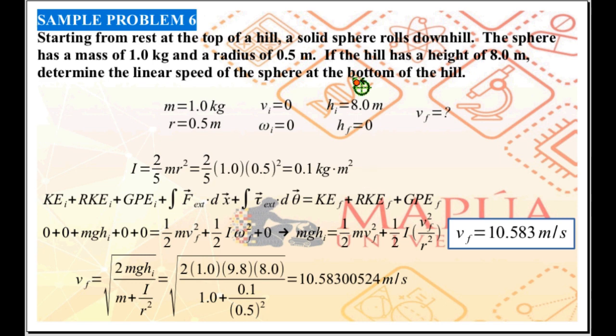Using energy analysis to analyze and solve this problem, we have initial kinetic energy plus initial rotational kinetic energy plus initial gravitational potential energy plus work done by external force plus work done by external torque, if any, is equal to final kinetic energy plus final rotational kinetic energy plus final gravitational potential energy.